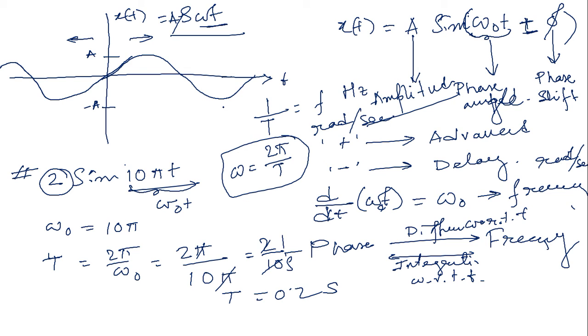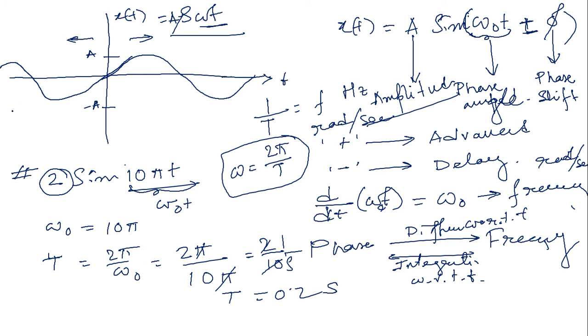I'll tell you about addition of constant also, but amplitude is not having any impact on the periodicity. Only the omega naught has an impact on the periodicity. I will solve 2-3 more problems of different types so that it may be clearer to you.